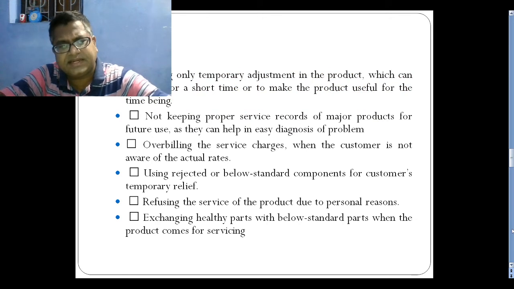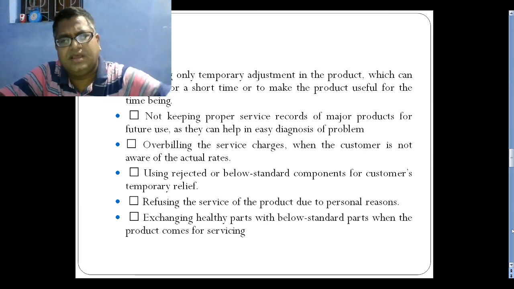These relate to refusing service of the product due to some personal reason, using rejected below-standard components for the customer temporarily, overbilling service charges, and not exchanging the goods or healthy parts for the below-standard parts of the product being used. These are related to after sale service problems, after sale service issues, or unethical behavior issues addressed by the particular company.